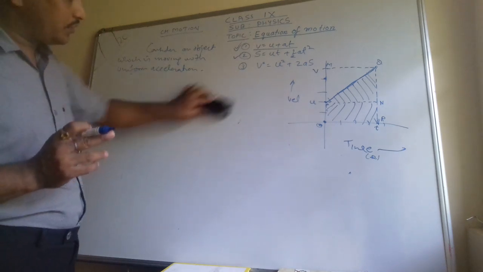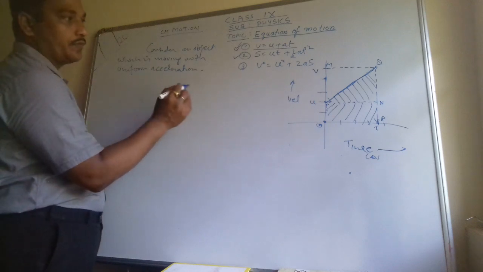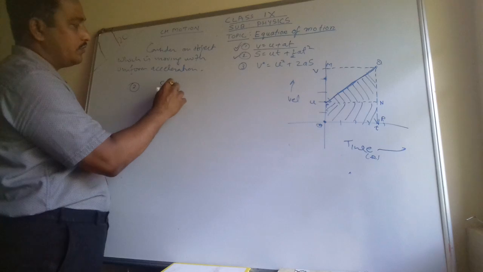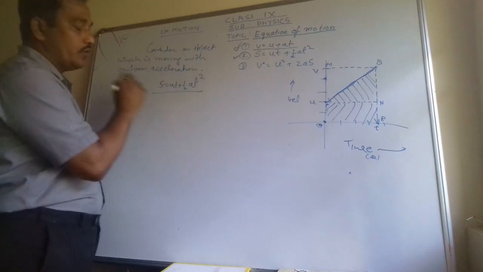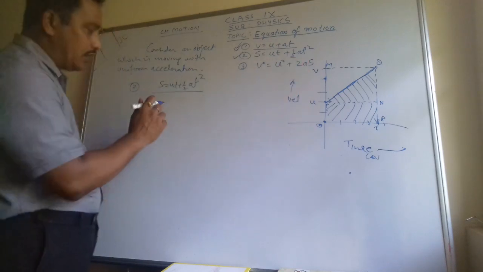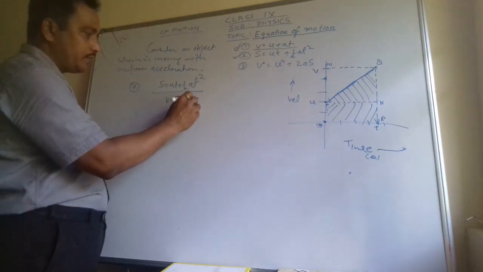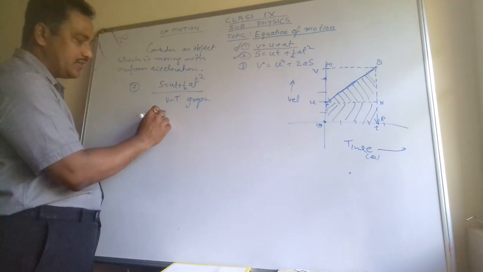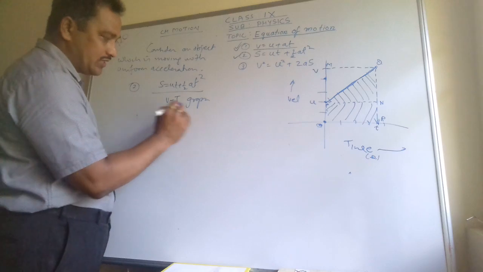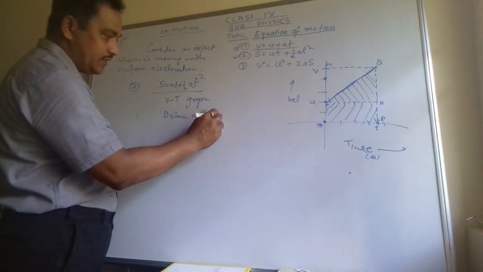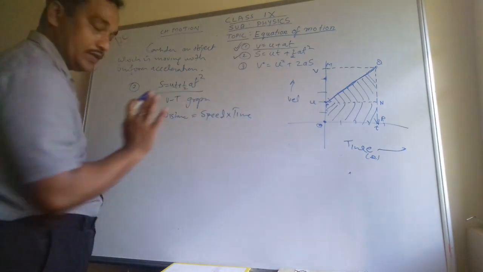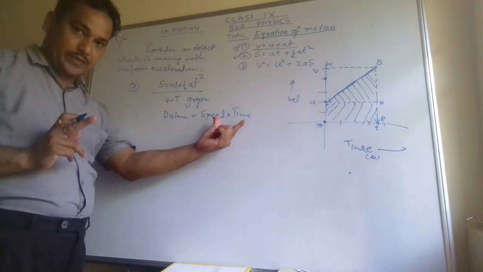Because, see, the second one we are deriving is s is equal to ut plus half at square. Now this is a velocity time graph. And how much will be the distance? All of you know the formula, speed is equal to distance by time. So distance will be equal to what? Speed into time, isn't it? Distance is equal to speed into time.